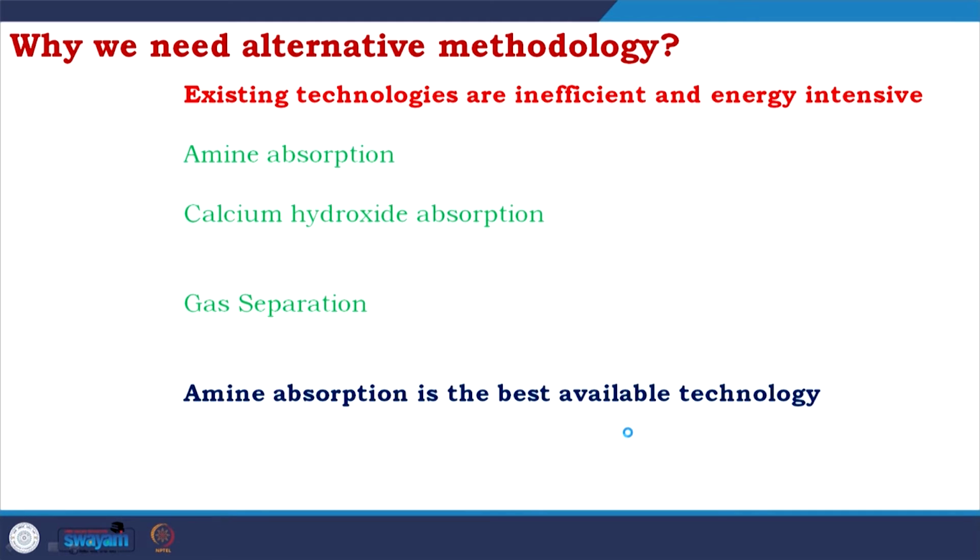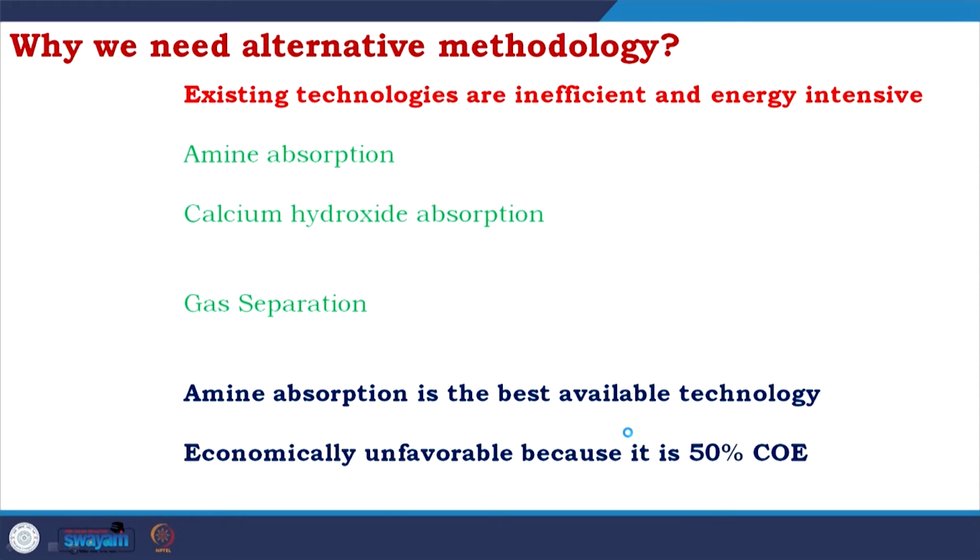Among the three processes, amine absorption is the best available technology, and even this best one is economically unfavorable because it takes 50% of the efficiency cost. So, you are generating power, and 50% of that is needed to absorb the emitting carbon dioxide.